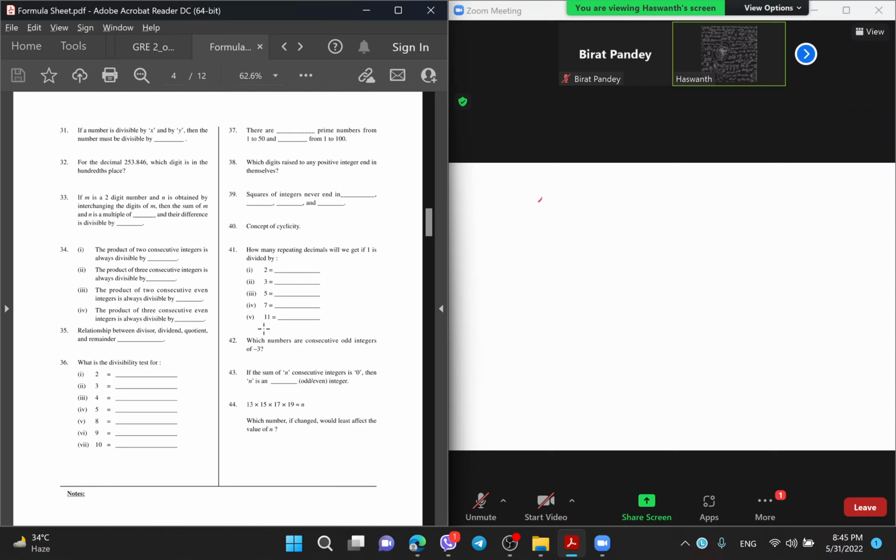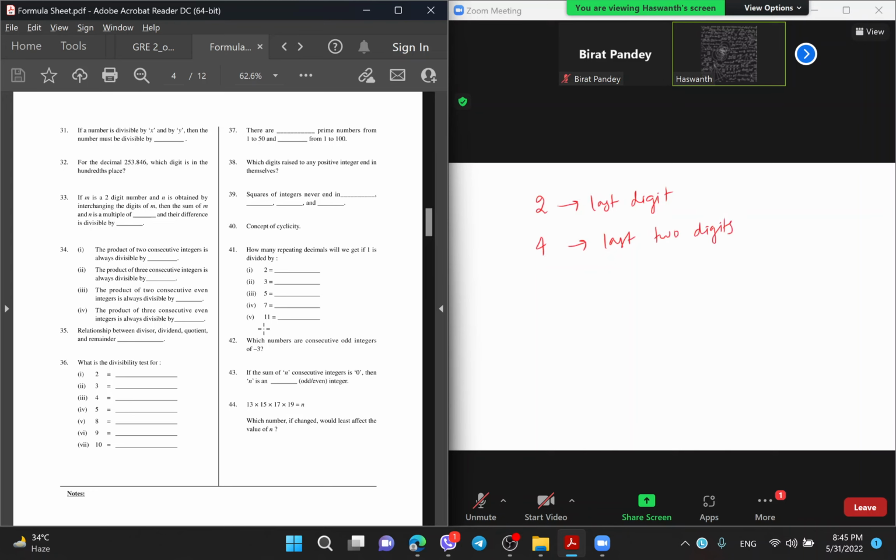A number is said to be divisible by 2 if the last digit is divisible by 2. A number is said to be divisible by 4 if the last two digits are divisible by 4.